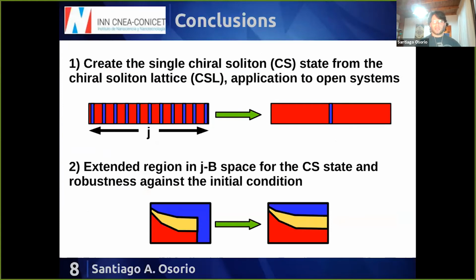In the second place, we have shown that we can obtain a single chiral soliton in a wide region of the J-B phase diagram, and this phase diagram is quite robust. And so through the protocol used here, it is possible to obtain a single chiral soliton state in a controlled way, which was the main goal of our work. With that, I end my presentation, and thank you.